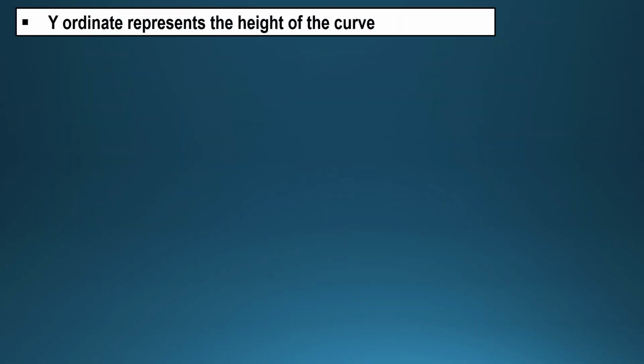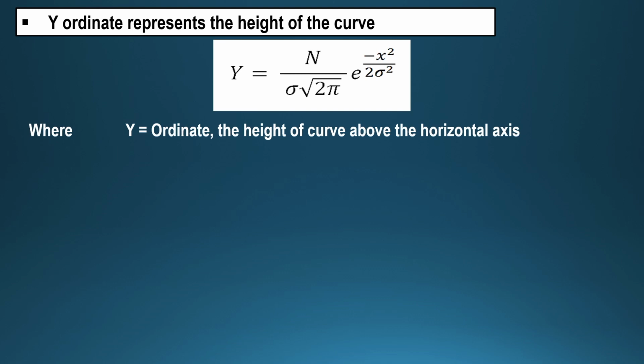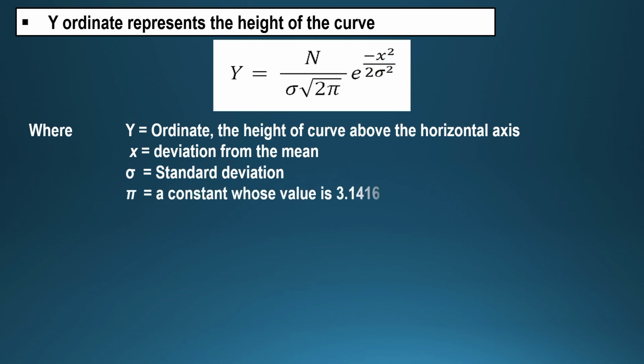Y ordinate represents the height of the curve, and it can be calculated by the given formula where y is the ordinate, the height of the curve above the horizontal axis, x represents the deviation from the mean, sigma represents the standard deviation, pi is a constant having a value of 3.14, and e is also a constant with a value of 2.718.